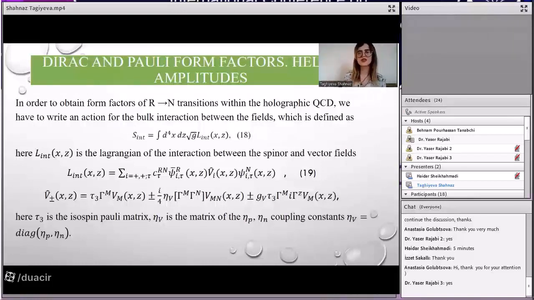In order to obtain the form factors for Roper nucleon and nucleon transitions within the framework of holographic QCD, we have to write the action as expression 15, and the interaction is the Lagrangian interaction between spinor and vector fields, as expression 19. Here gamma is a spinor matrix, and this is the coupling constant.